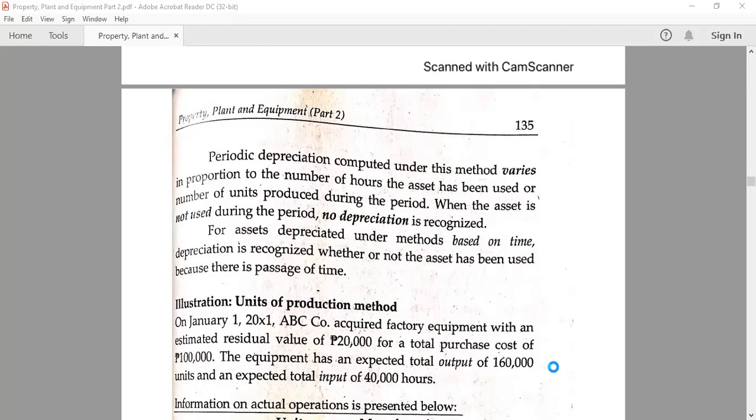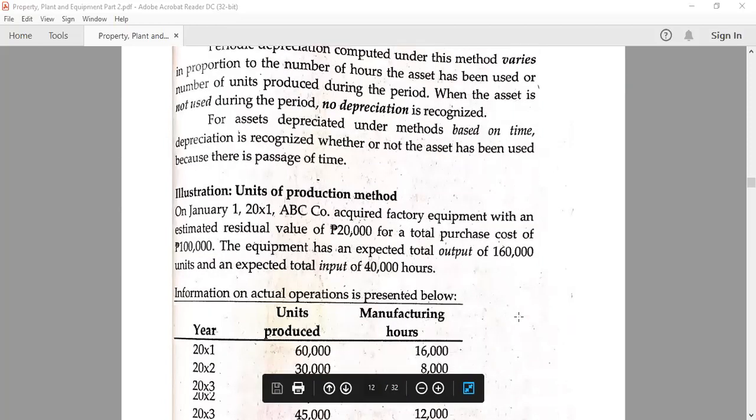And for units of production, whatever is the depreciable cost, we divide that by the total number of outputs expected to be produced over the useful life of that property, plant, and equipment item. This is not, again, based on time.